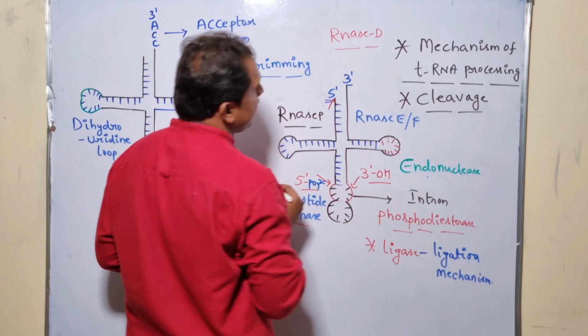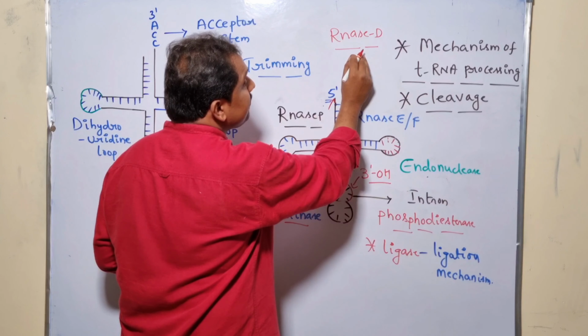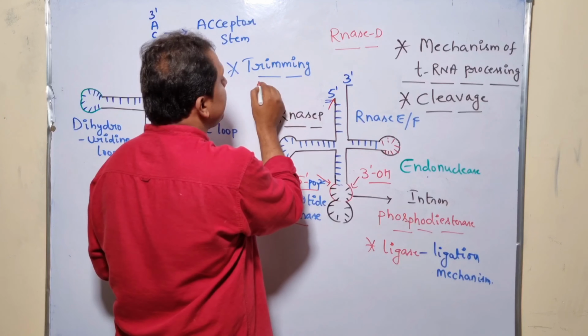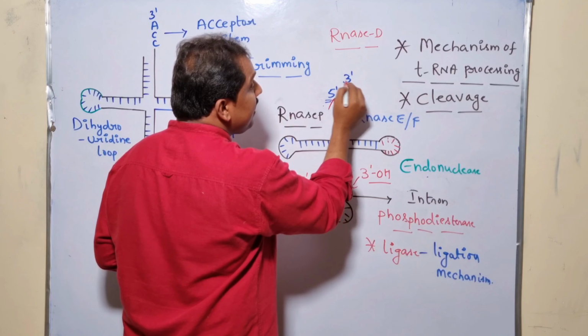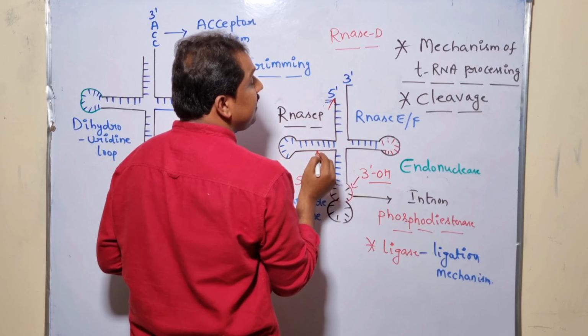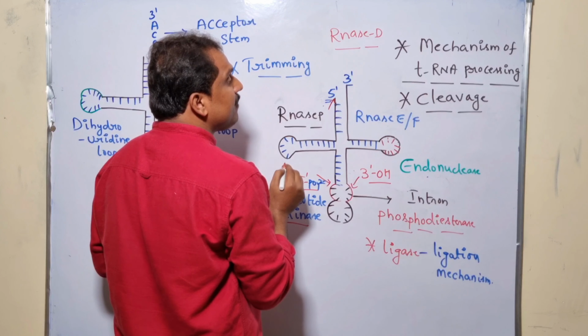So what is the role of RNase D here? RNase D is the specific enzyme which acts like an exonuclease, and it is responsible for inducing the trimming. So once the 3' terminus is successfully trimmed out by taking advantage of RNase D, under such condition, a specific enzyme which is nothing but what?